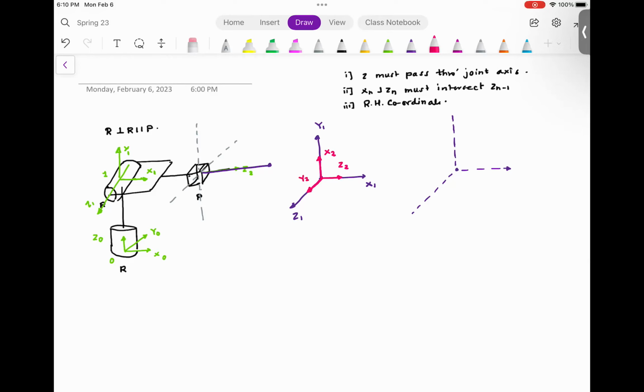Please understand, the X2, Y2, and Z2 frame is translated to the X1, Y1, Z1 frame, as rule 2 was not satisfied.